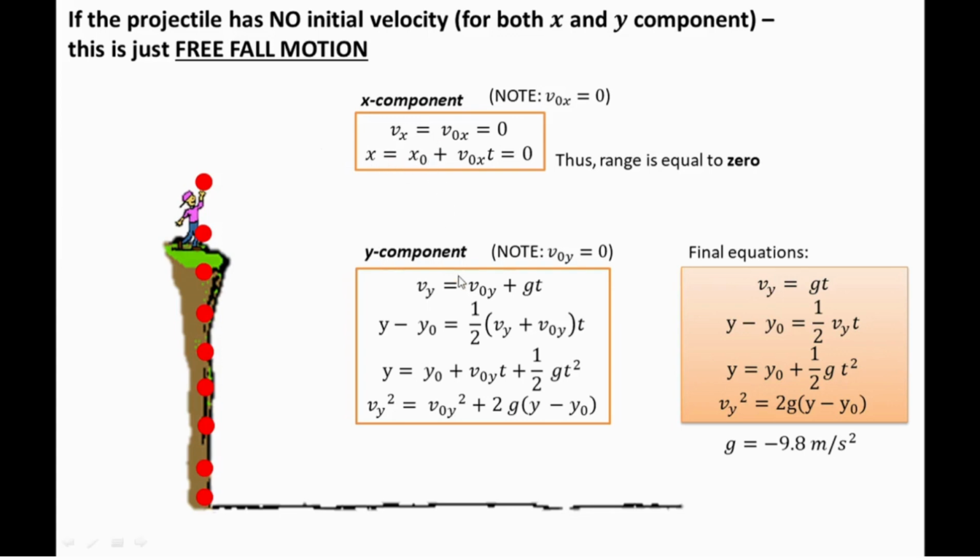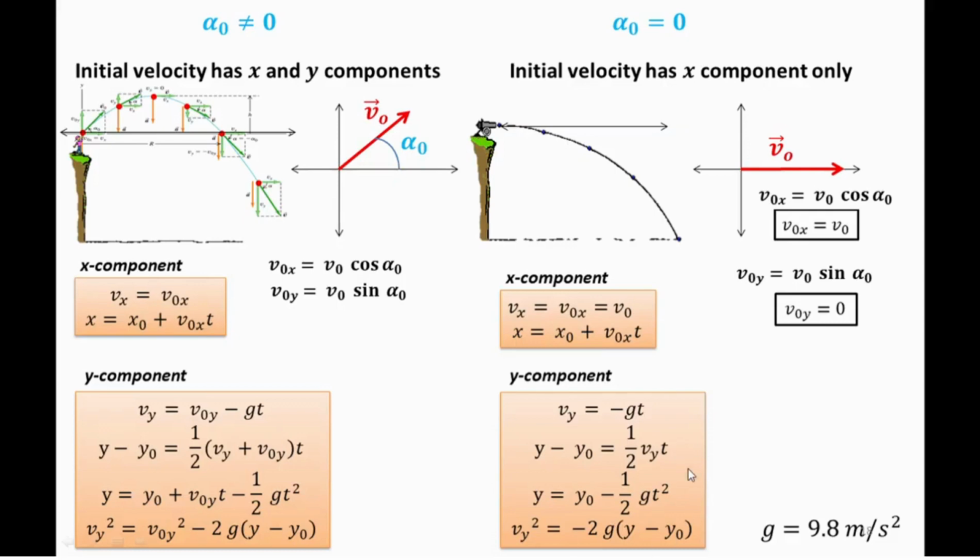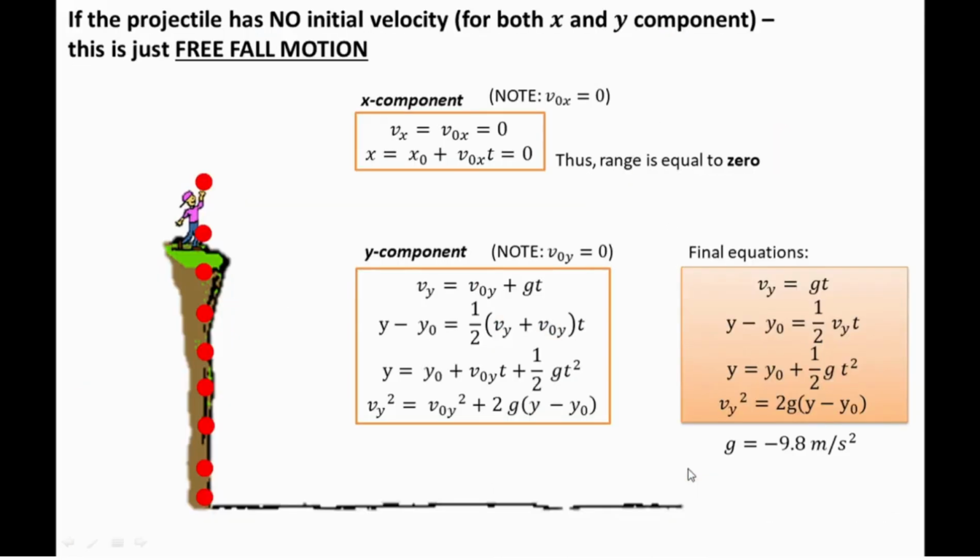And the y component kinematics equations in this case are just the same as in the previous slides, wherein the y component of the initial velocity is just equal to 0. So therefore, for free fall motion, the kinematics equations applicable are only these reduced y component kinematics equations, wherein the acceleration is constant at negative 9.8 meters per second squared.